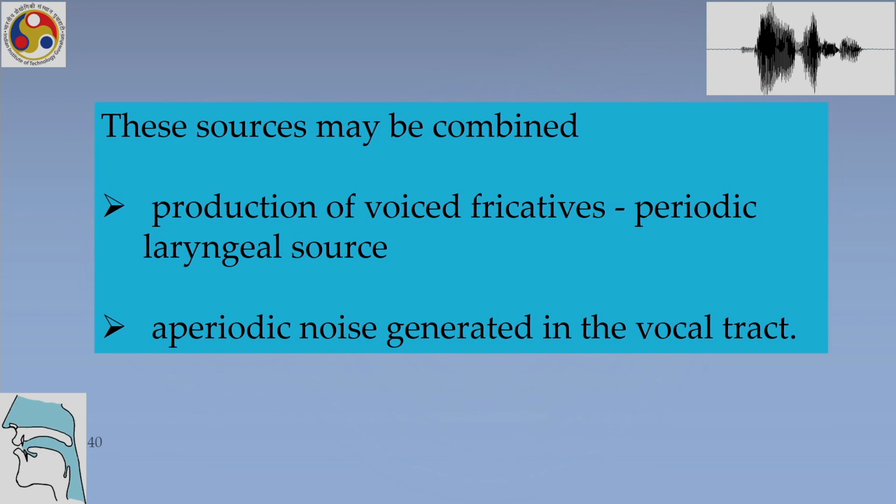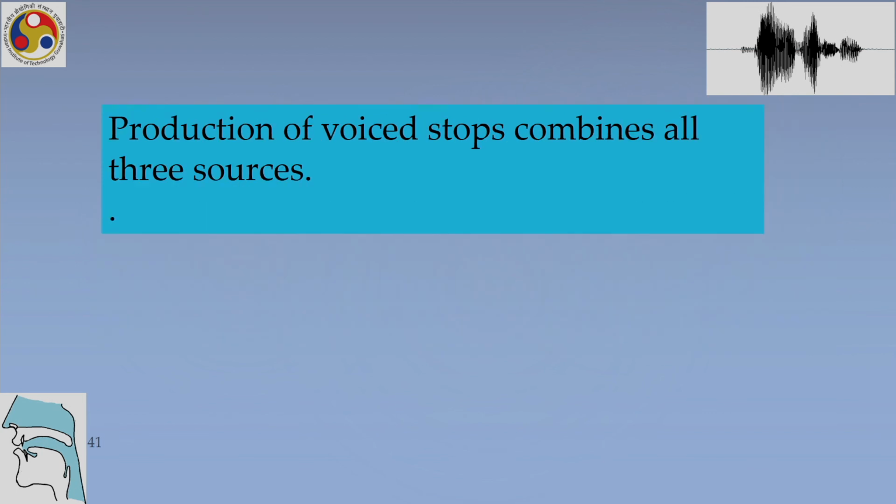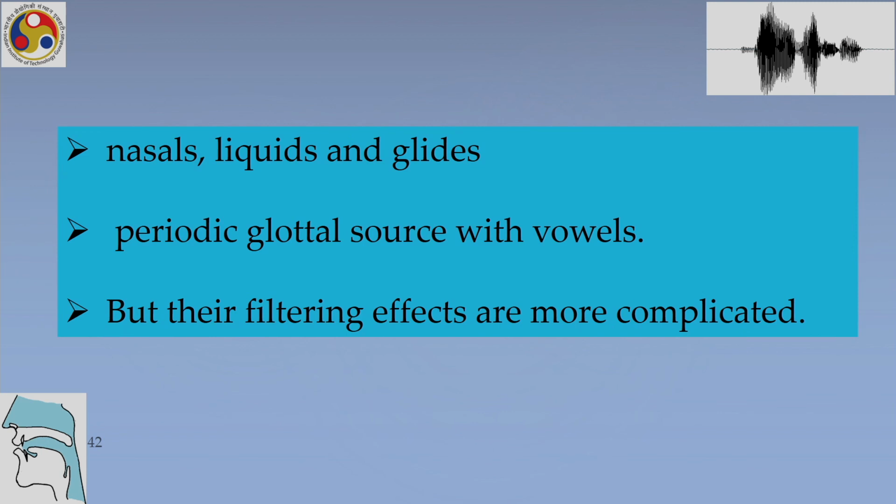So, each sound may be a combination of the properties of the source as well as the filter. For instance, production of a voiced stop combines all the sources, and nasals, liquids, glides, all of them include periodicity. The periodicity, as we know, comes from the glottal source. The filtering effects can be complicated in nasals, liquids and glides.